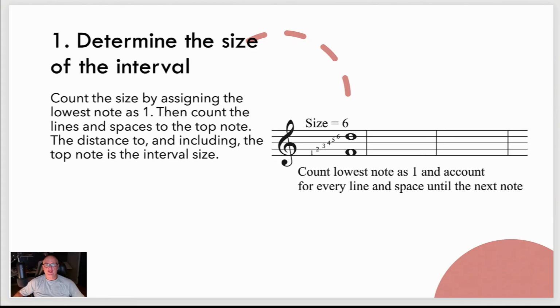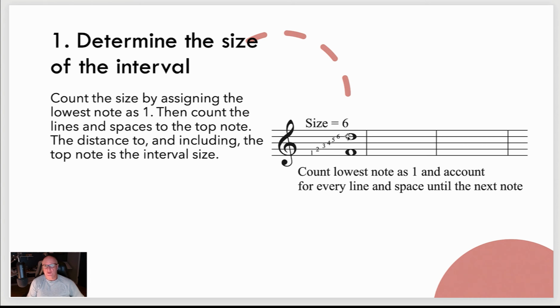So the first thing you do is determine the size of an interval. So if I see 2 notes, I'm going to count the size by assigning the lowest note as 1. So right here you can see on my chart, between this F and this D, I'm counting the lowest note as 1. Then I count up every space and line. 2, 3, 4, 5, 6. So since that D falls 6 above, it's called a sixth.